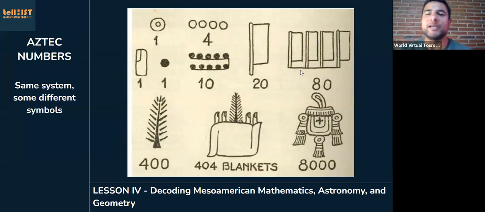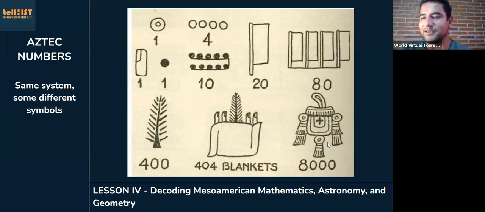We have the number 20, we have the number 80 represented with 4 different flags. The number 400 was a feather, birds, okay? For example, if they needed to count 44 blankets, it is the number 40 and 4 fingers that are the units, the number 1.